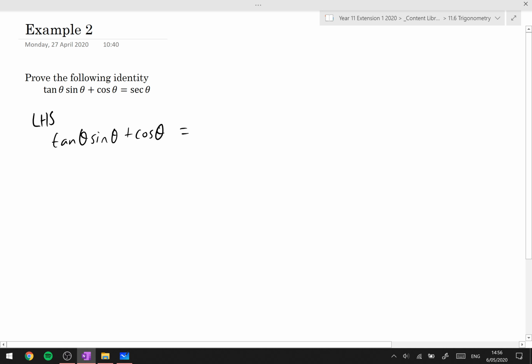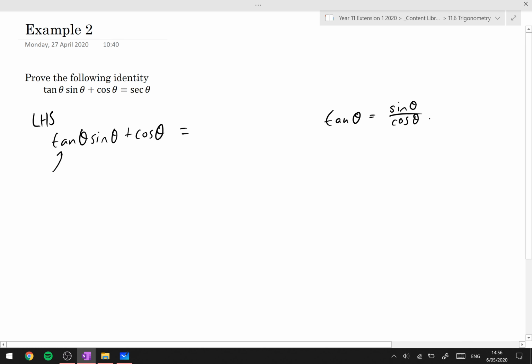So what do we know about this? Well, cos and sine are pretty straightforward things that we don't want to do too much to. However, I know that tan theta is equal to sine theta over cos theta.